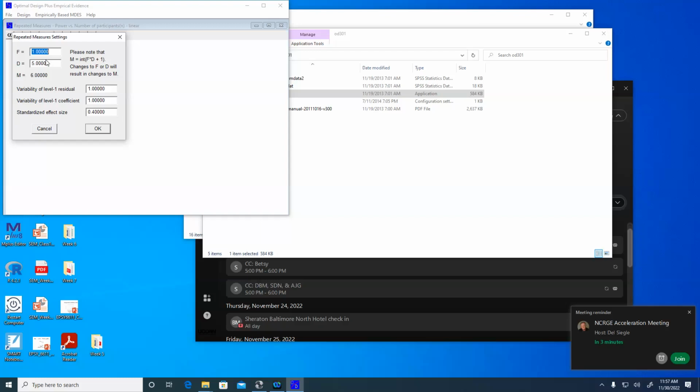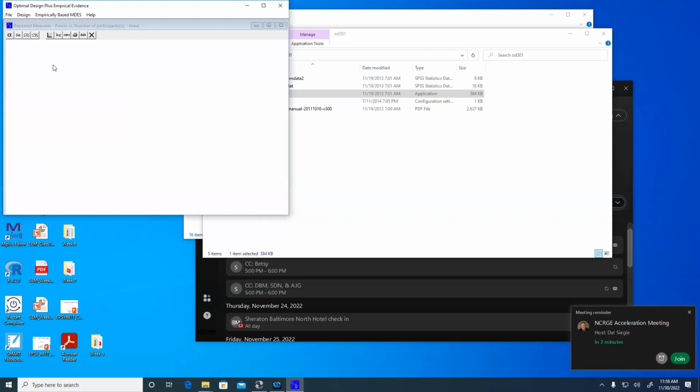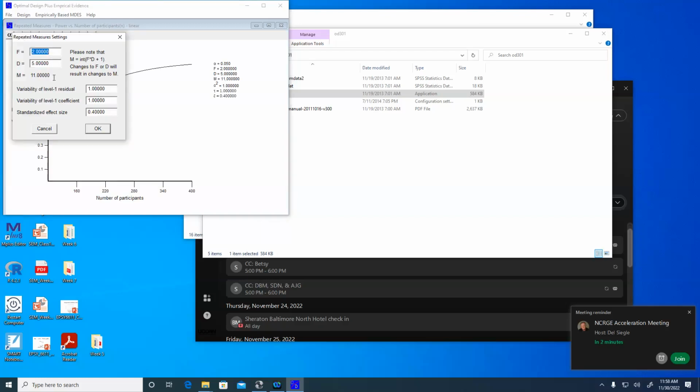Now, watch what happens if we're measuring people twice a year for 5 years. There you go. You can see that now the M is 11, because it's 2 measures per year for each of 5 years plus a baseline. And it tells you right there.